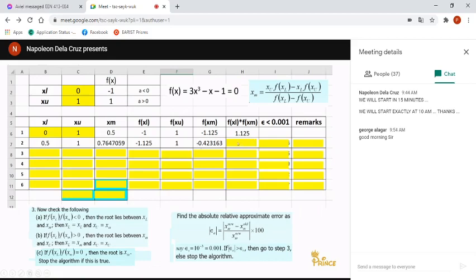Then followed by the product of this and this one. What is the product? Positive. Okay. Positive. Let us check. Since that is still greater than 0.001, therefore, the remarks will now be proceed.